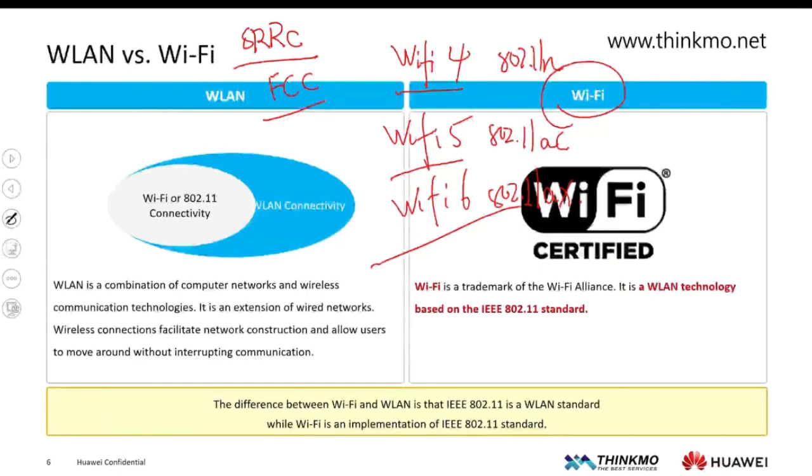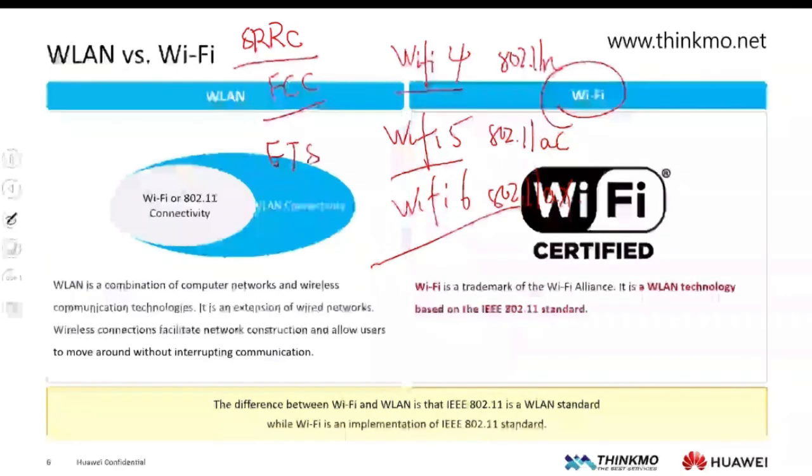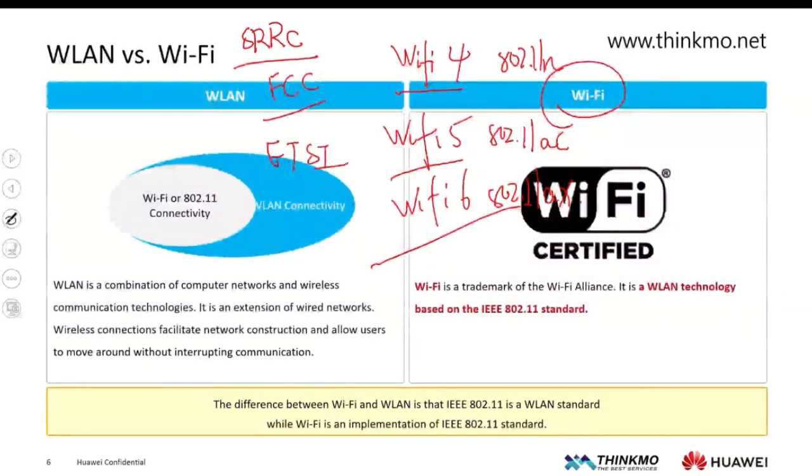That is, the Federal Communications Commission is responsible for the certification and standard setting of wireless devices. And the certification agency in Europe is ETSI. That is, the European Telecommunications Standards Institute is responsible for setting the wireless communication standards in Europe.